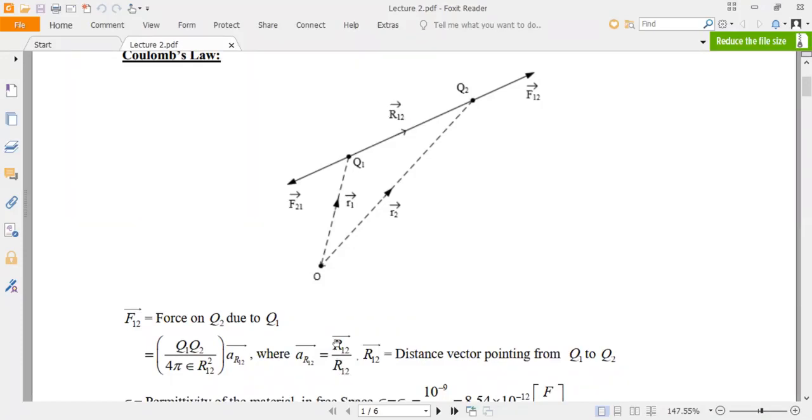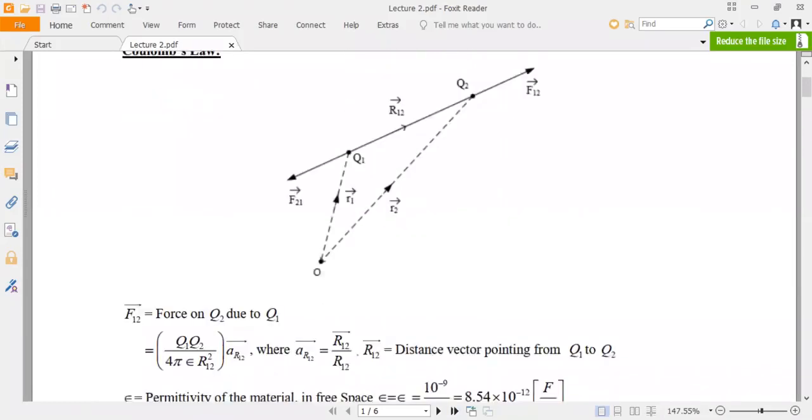So the distance vector divided by its magnitude gives the unit vector along the direction of the distance vector. Similarly, R12 square is the magnitude square.